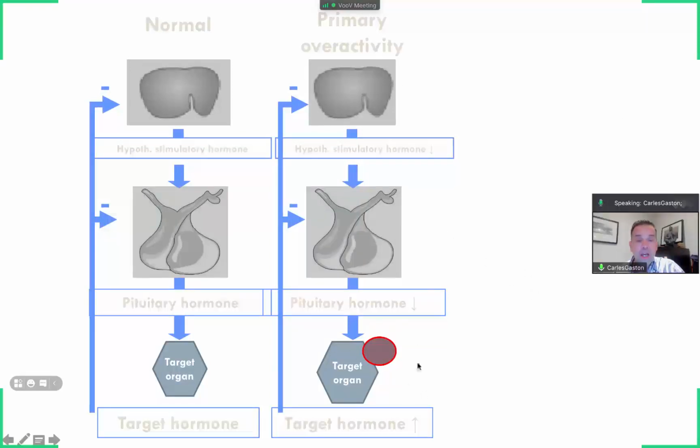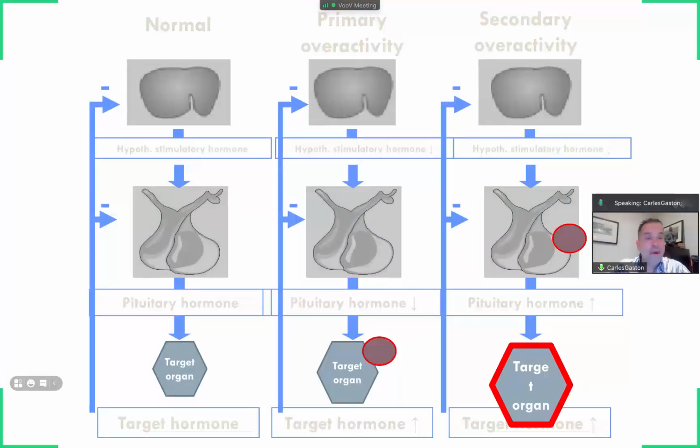For example, a tumor that grows in the adrenal gland and produces too much corticotrophin, or a tumor that produces too much sexual hormones, then there's going to be an inhibition, right, of the pituitary and the hypothalamus, and in this case, they will reduce the hormone stimulation of both the hypothalamus and the pituitary gland.